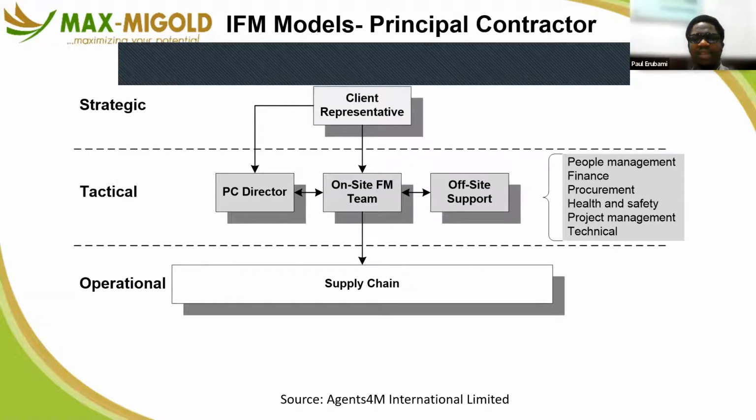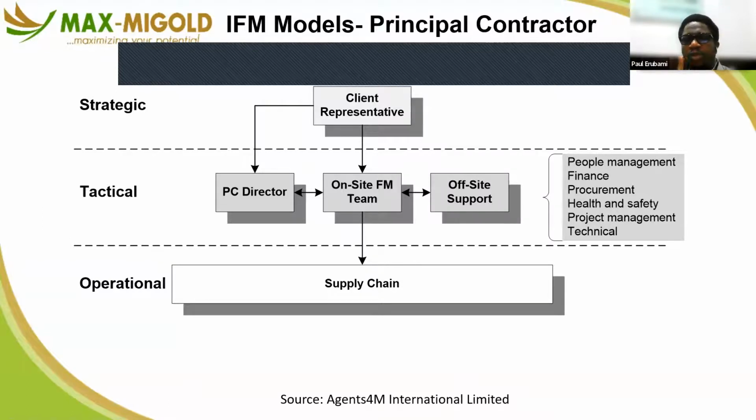But if I want to advance beyond that in the IFM models, I'll go into a principal contractor approach, where that managing agent or IFM company will now be the one contracting directly with all the subcontractors. At this point, I want to reduce my own interference or direct relationship with the service providers, which means I'm giving out a lot more management than I was giving out before.